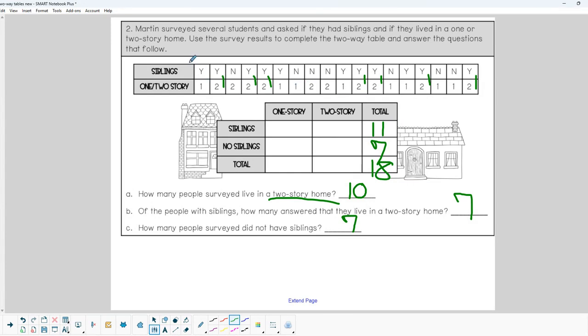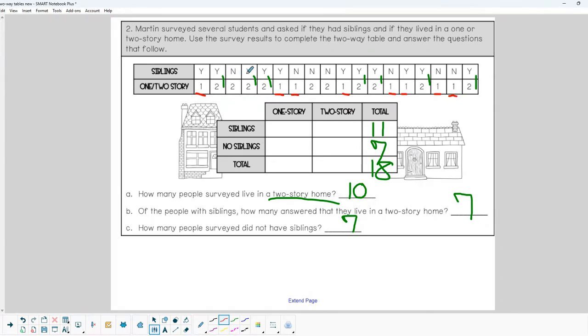Now let's count the Y's just to make sure. 1, 2, 3, 4, 5, 6, 7, 8, 9, 10, 11. Hey, I like how that works. Okay, now of everybody who lives in a one-story home, how many said they had siblings? Well, we need to go through here and look at all the ones that said they lived in a one-story home, and then how many of those have a yes above them?